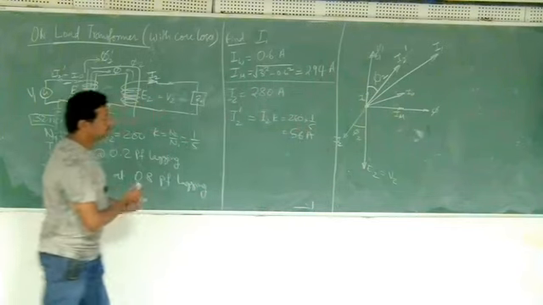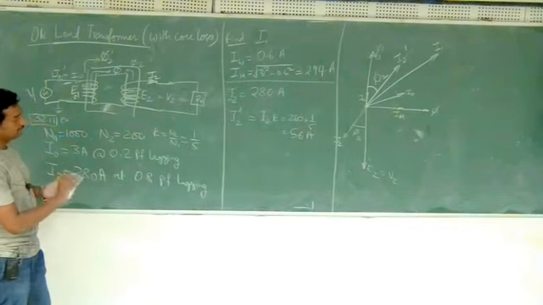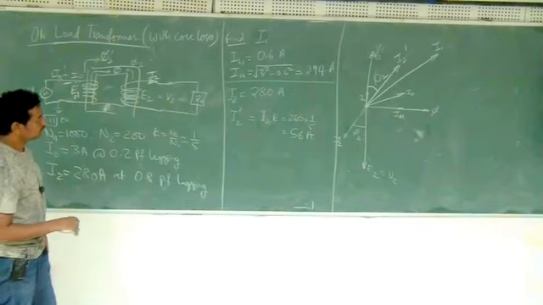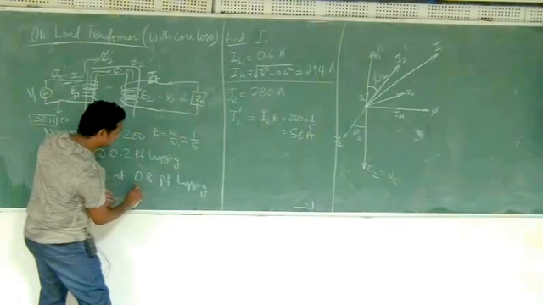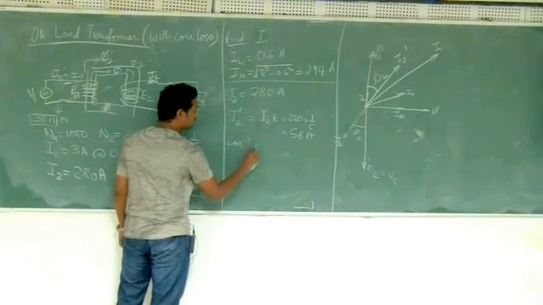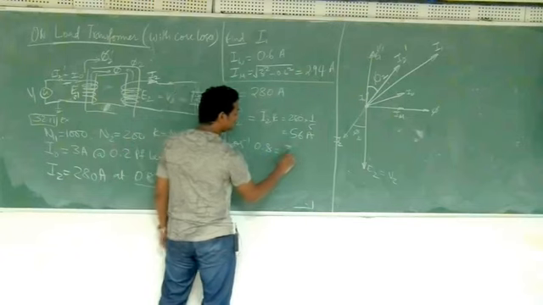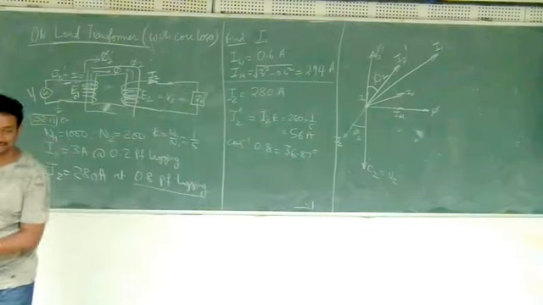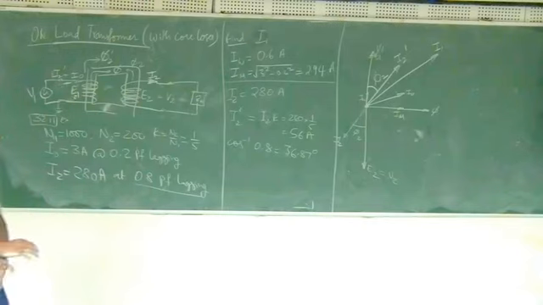Now the question is, what is the angle for this 56 amperes? The power factor is 0.8 lagging, so cos inverse 0.8. This I already know, 36.87 degrees, a very regular famous conversion.